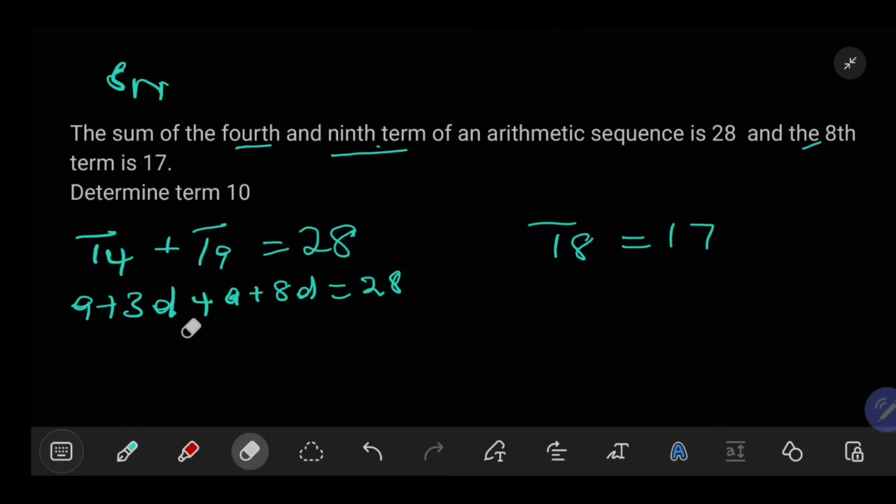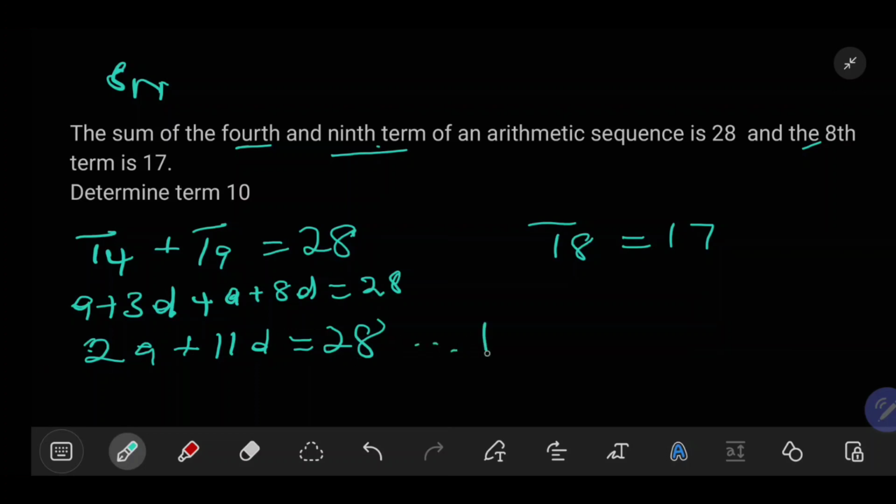When we add the like terms, a plus a is 2a, and 3d plus 8d gives you 11d, which is equal to 28.